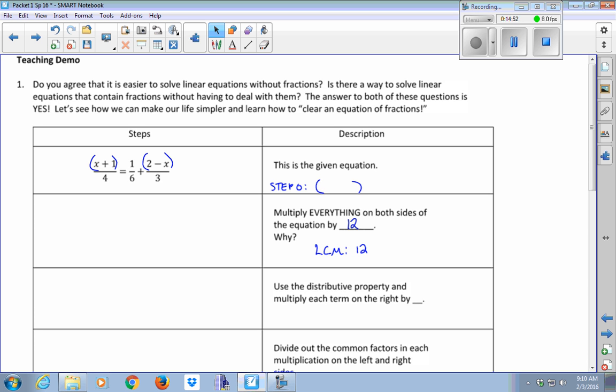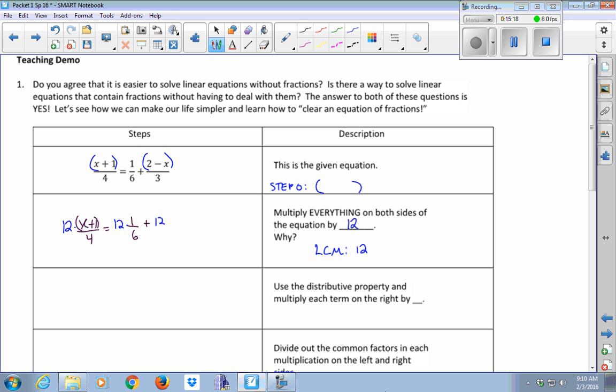So now I'm simply going to multiply each algebraic expression on each side of the equation by 12. Notice it's not 12 over 12. I don't have to worry about it being a form of 1, like when I'm adding and subtracting, because I'm multiplying both sides by exactly the same number, and that's allowed.